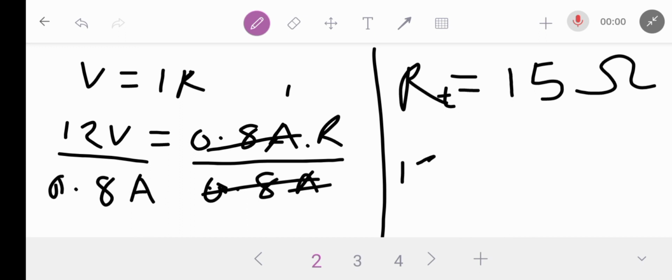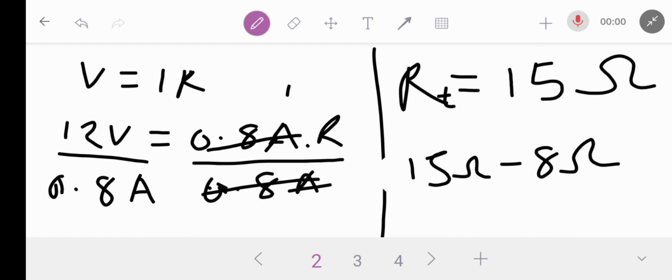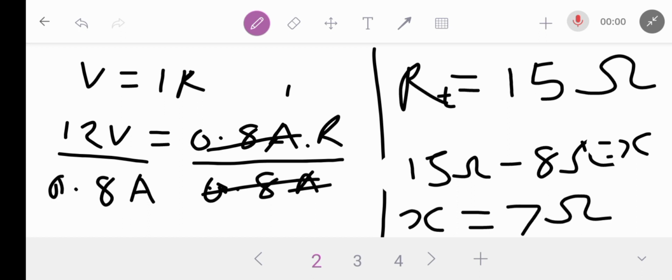So when I say 15 ohms minus 8 ohms that I'm given there, what I'm going to get is equal to X. So this means that actually X will be equal to 15 minus 8, that is 7 ohms.